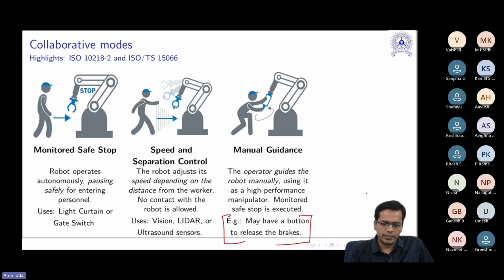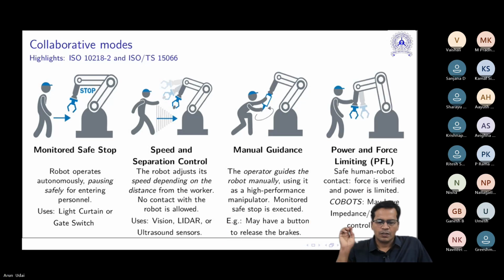The last one is power and force limiting. This is the most important one. That is how your robot can operate safe human-robot contact. Force is verified, and power is limited. Cobots may have a stiffness or impedance controller running behind.